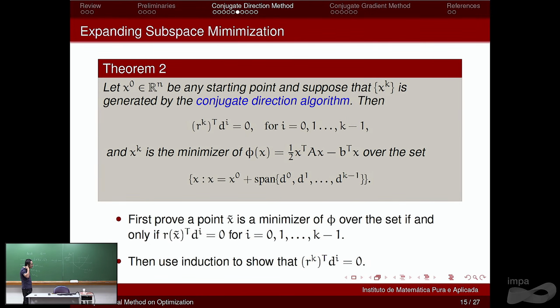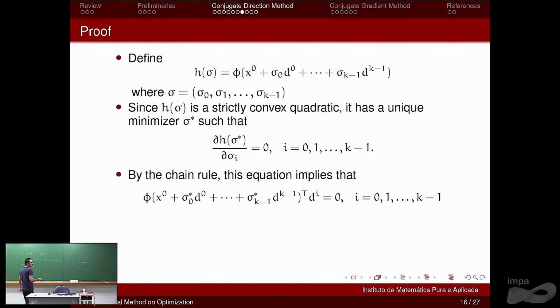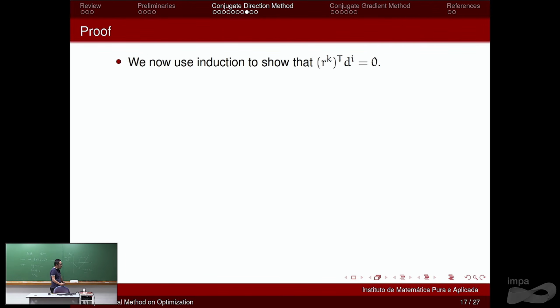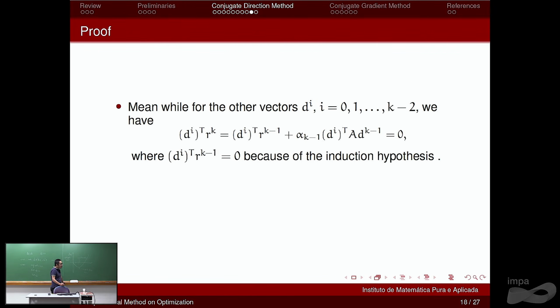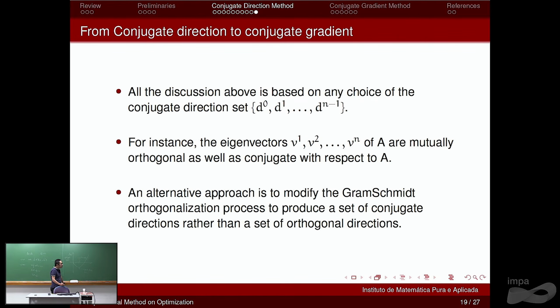The idea is that you prove that being the minimizer of phi over this subspace is equivalent to this orthogonal property, and then you use induction to prove that the first condition holds. So this is the second property of the conjugate direction method.